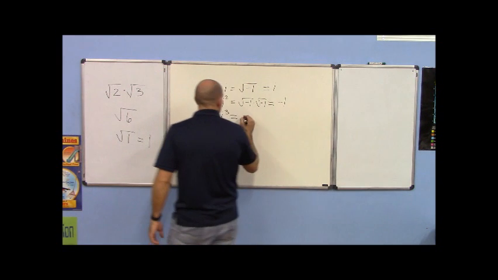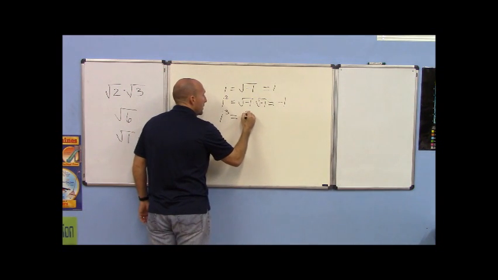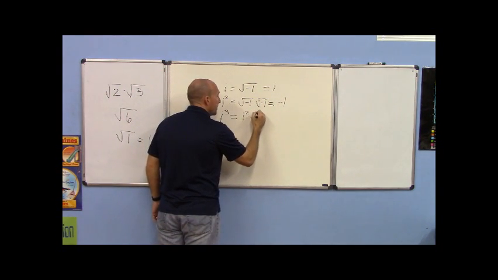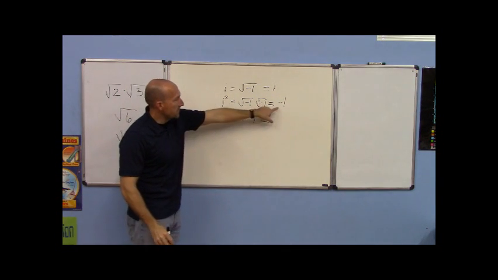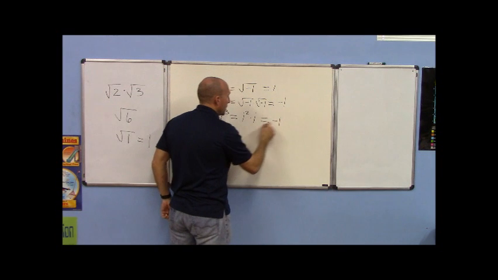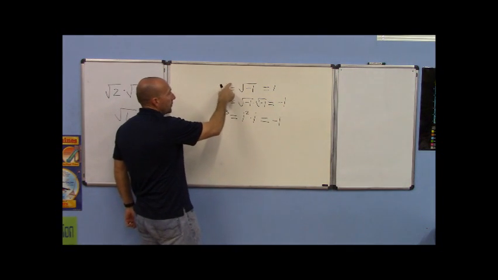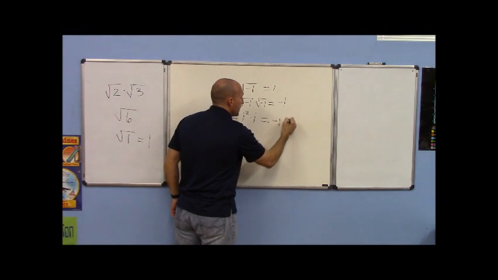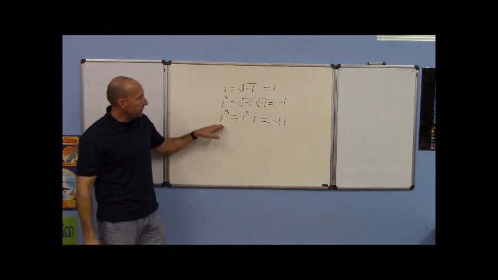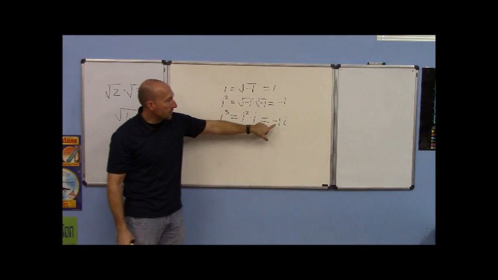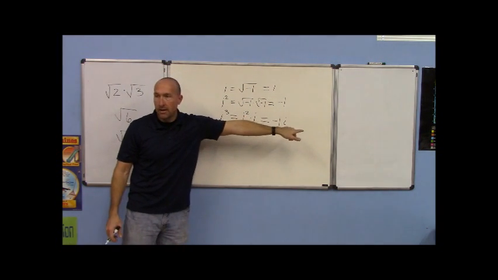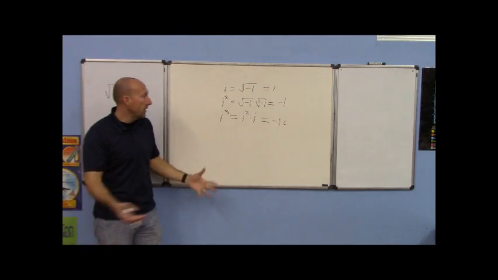Well, we have an imaginary number squared times an imaginary number. We know what this is here. This is -1. We know that imaginary number to the first power is just I. So now we have, anytime you have I, an imaginary number, to the third power, you will have -1 times I. Okay?